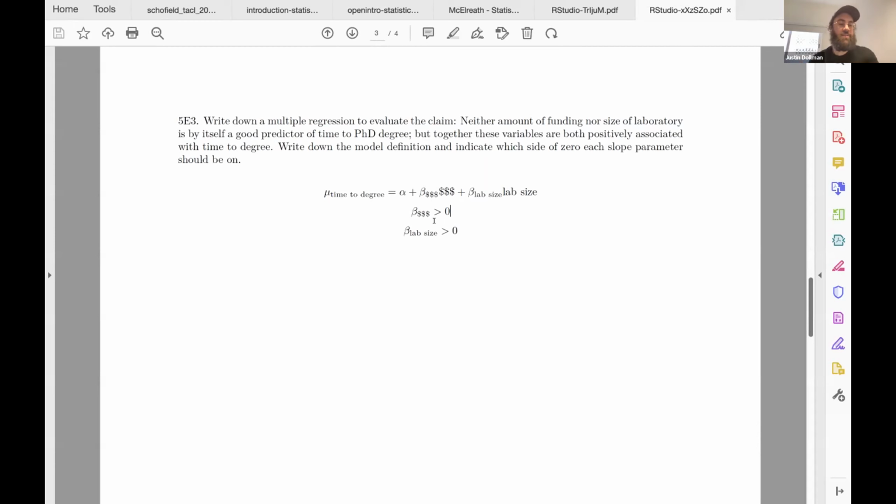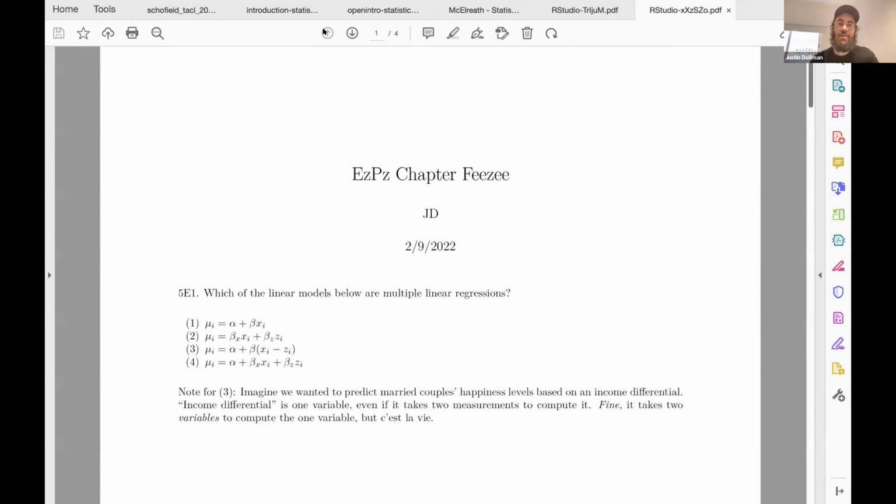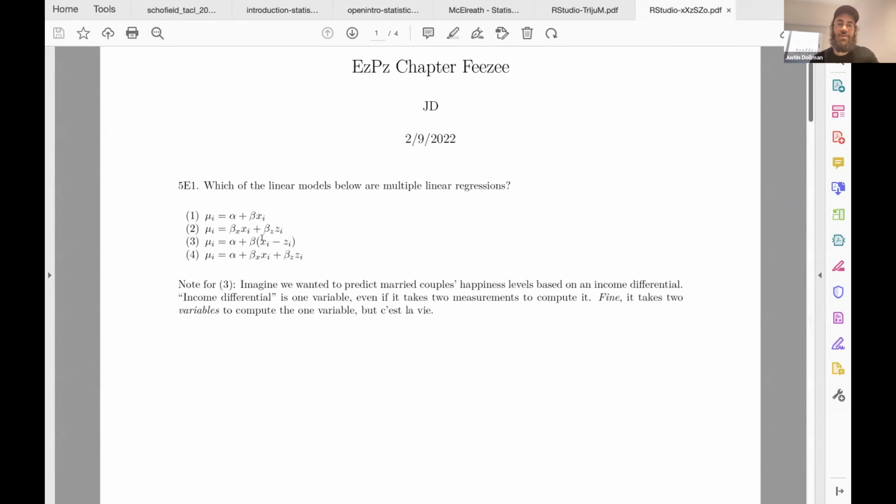But I hadn't thought about that, together could be some strange combined index of funding. I don't know how you would combine those two. It actually wouldn't be that difficult. It could be some type of materials funding plus graduate student funding. So you're right, I hadn't thought about that.